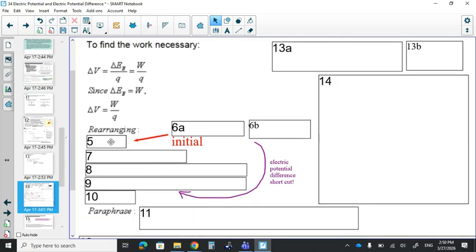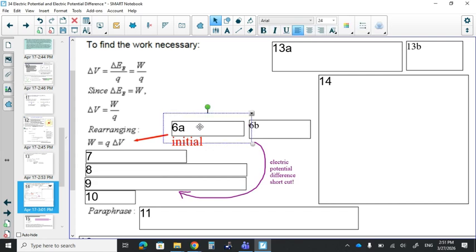And so they rearrange this thing and say, okay, we want the charge times that electric potential difference. You've got how much charge and you have how much energy per charge there is as a difference. So charge times how much energy per charge gives you the amount of energy, right? Hopefully that's making sense to you.